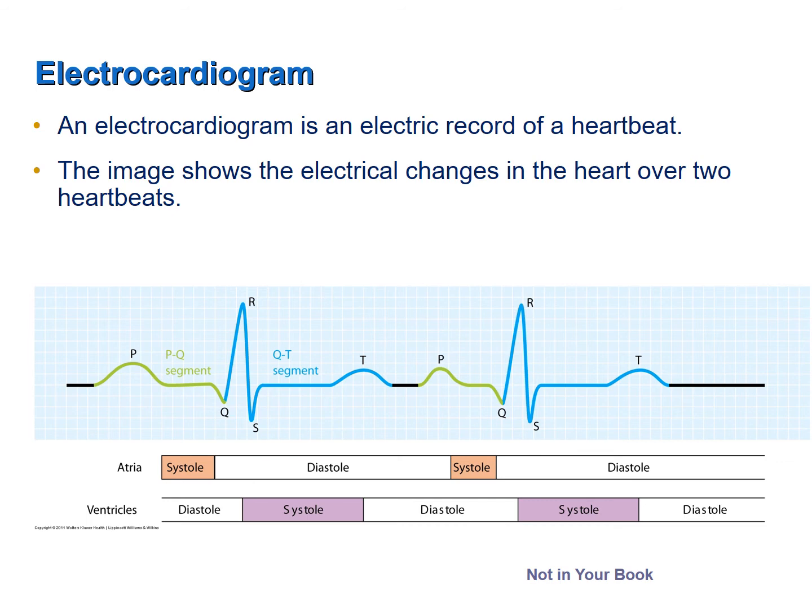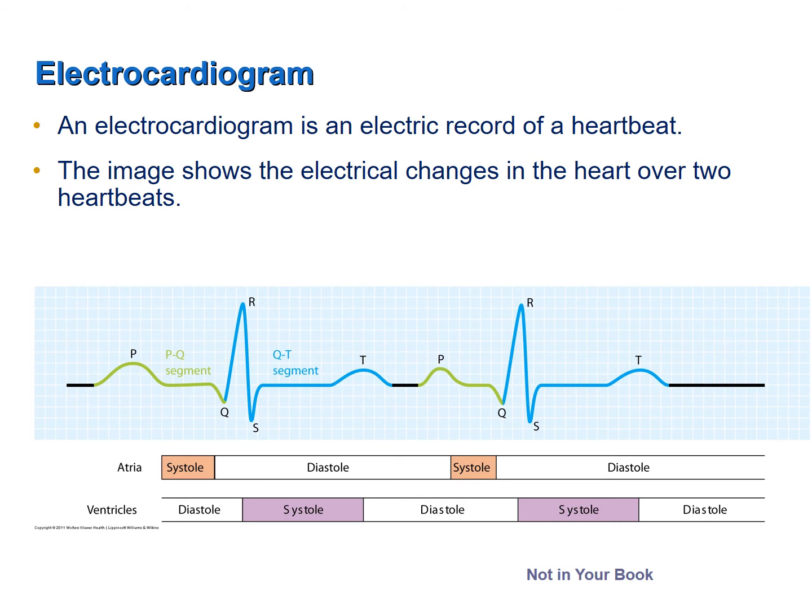For example, an enlarged P wave could indicate an enlarged atrium. An enlarged T wave might indicate an enlarged left ventricle. If there was an abnormally long PQ segment, that is the time from P wave to R wave, it might indicate that there was some blockage of nerve impulses between the SA node and the AV node.